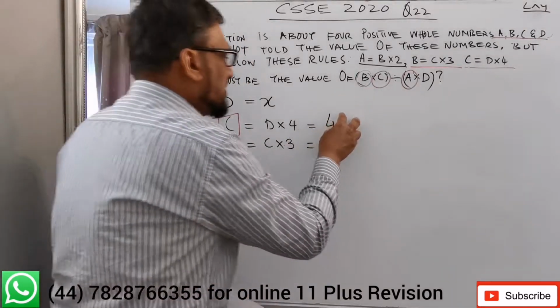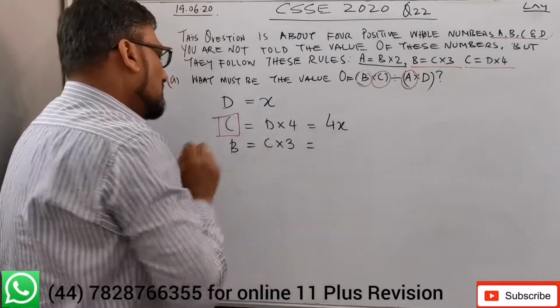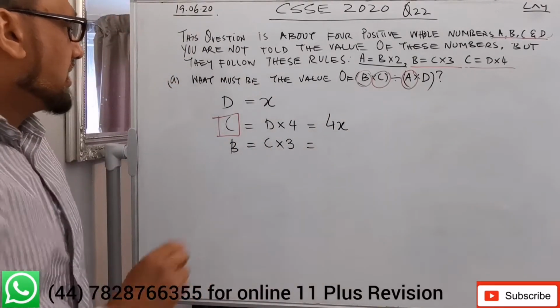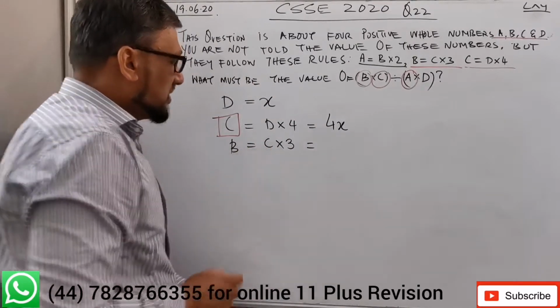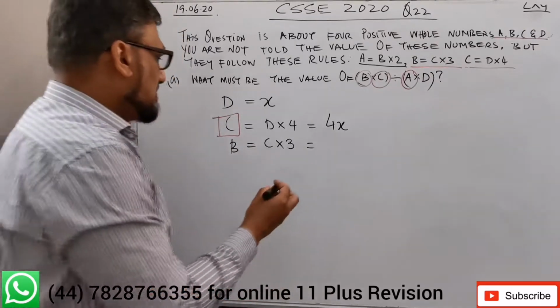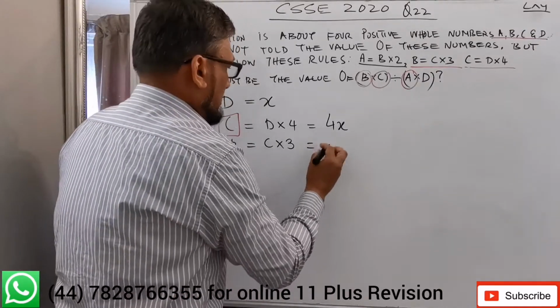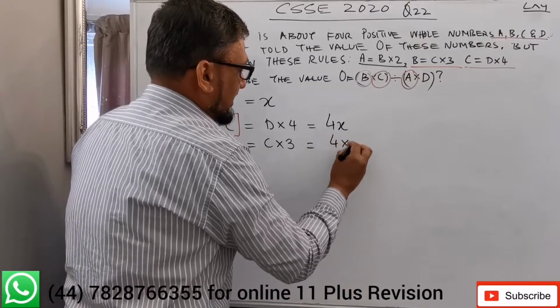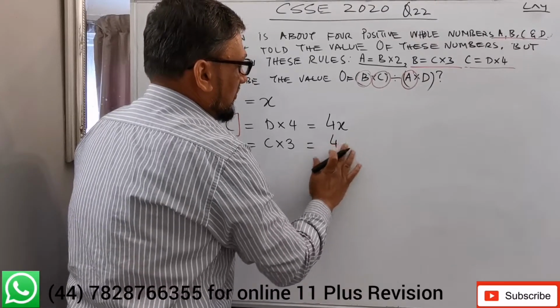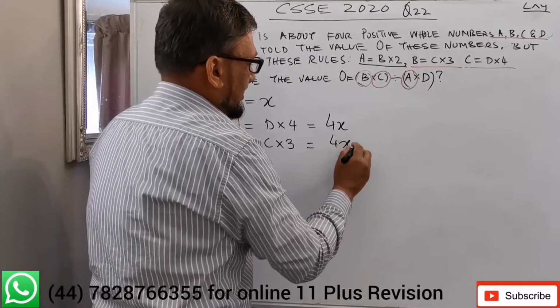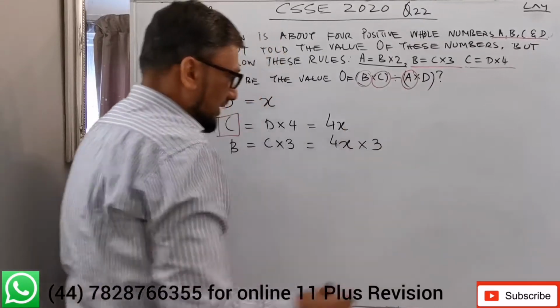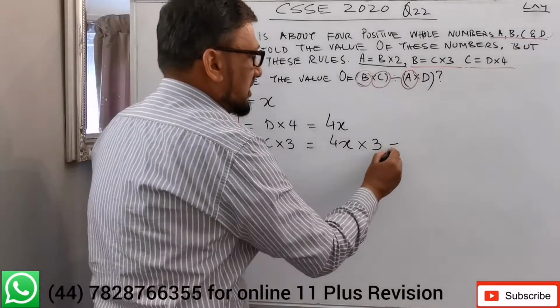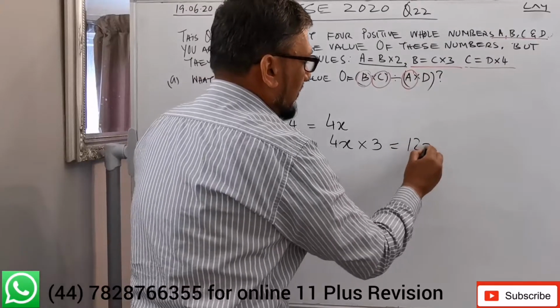So we need to substitute this value into the equation B equal to C times 3. So 4X times 3, which is equal to 12X.